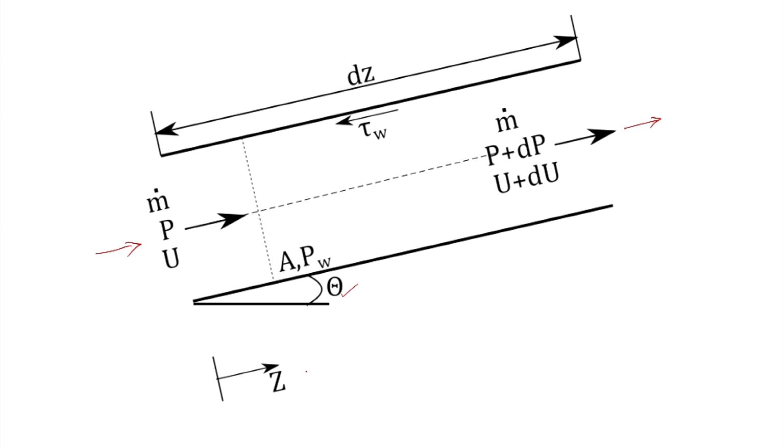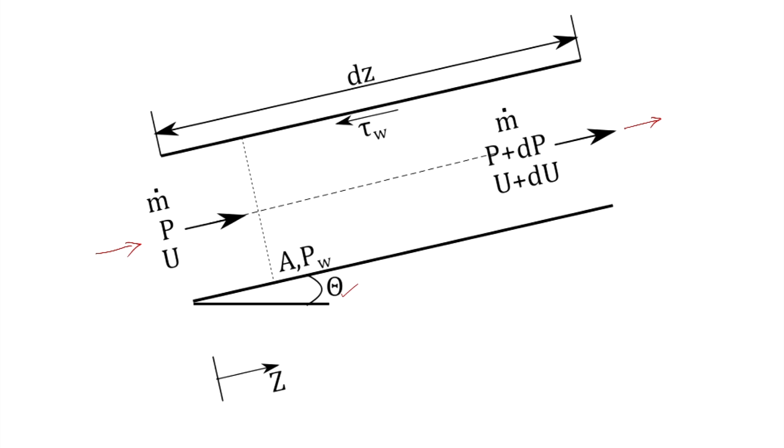So, the inlet pressure is P, outlet pressure is P plus dP. The inlet velocity is u, outlet velocity is u plus du. As I have already mentioned, the velocities of both phases are assumed to be the same.